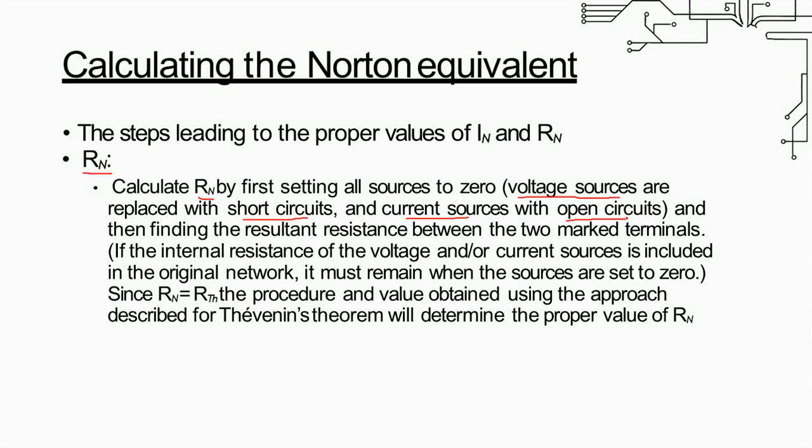First step to calculate the RN or RTH or R equivalent: this RN is nothing but your RTH, Thevenin's equivalent resistance. To calculate this, a similar procedure we are doing. Then find the resultant resistance between the two marked terminals.